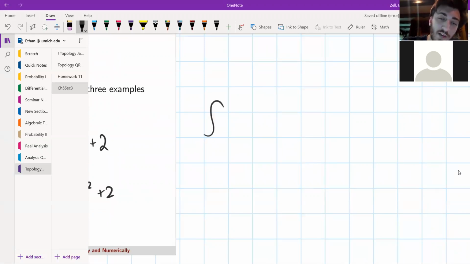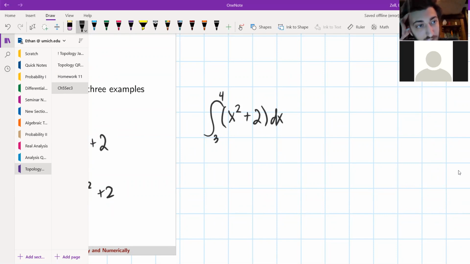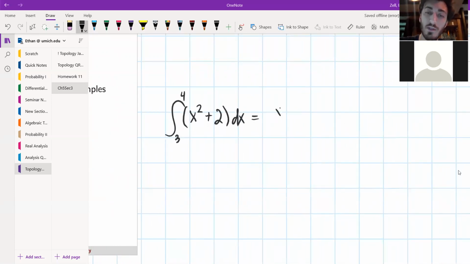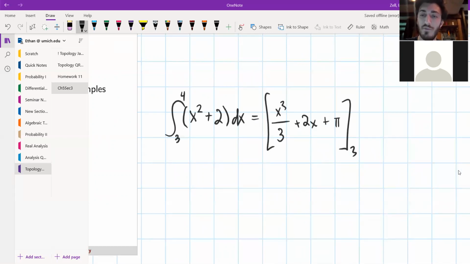So if I had the integral from 3 to 4 of x squared plus 2 dx, the fundamental theorem of calculus tells me that as long as I have one such big F whose derivative is the integrand, then I can apply it. So let's do that with the first function. We get x cubed over 3 plus 2x plus pi, and that's evaluated from 3 to 4.